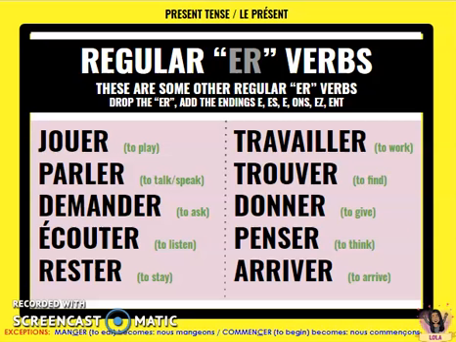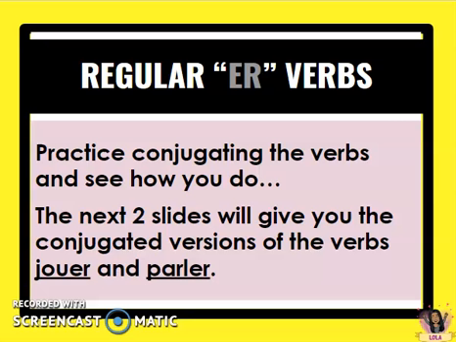Manger, to eat, becomes nous mangeons with the letters E-O-N-S, and commencer becomes nous commençons with a cedilla under the C. So now you can practice conjugating the verbs and see how you do. The next two slides will give you the conjugated versions of the verbs jouer and parler. So you can just put this on pause right now and try those two out.